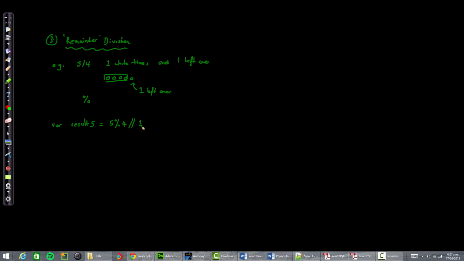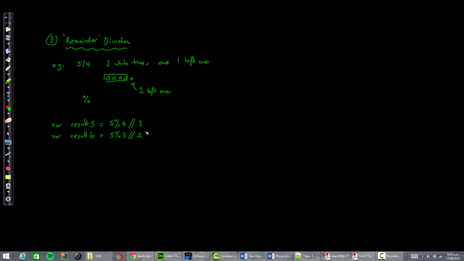This is the leftover. I suppose we could show that more obviously if we said, let's do result6, and we said 5 % 3. How many whole times does 3 go into 5? Once, but the leftover is 2. So that's what we're going to get here.